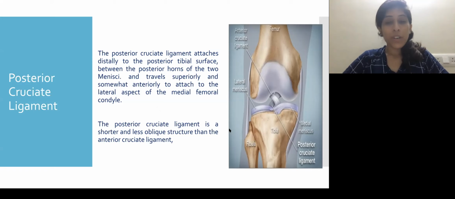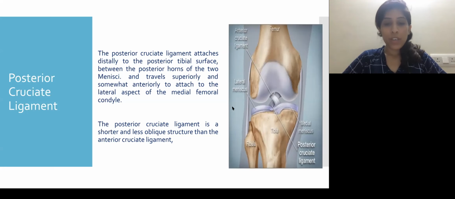Okay, so the posterior cruciate ligament attaches distally to the posterior tibial surface between the posterior horn of the two menisci, and travels superiorly and somewhat anteriorly to attach to the lateral aspect of the medial femoral condyle. Okay, so here you all can see this will travel in the anterior direction and attach to the medial femoral condyle.